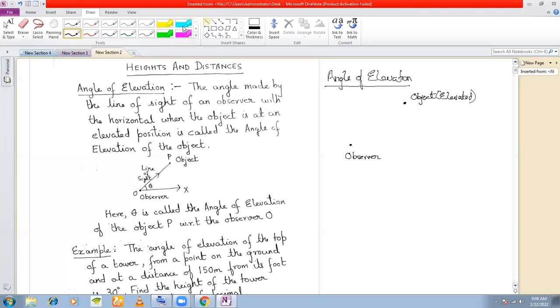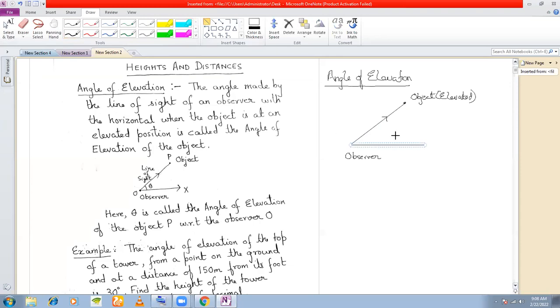Now what happens? What is this angle? This is his line of sight, right? The observer is looking in this direction. And this is the ground level or the horizontal in which he is standing.